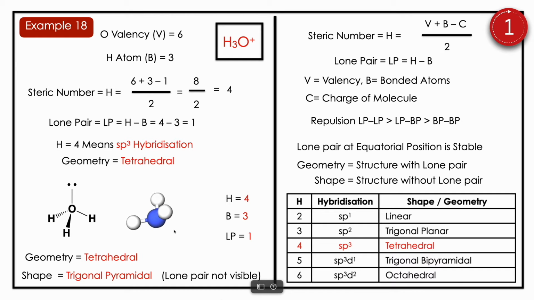So geometry is tetrahedral, but you have one lone pair in the system. So the lone pair can be anywhere. The system is symmetrical, so it will be like trigonal pyramidal. The whole system will be like a pyramid. Lone pair is not visible. So oxygen goes out of the plane. 3 corners will be hydrogen. So shape will be trigonal pyramidal.